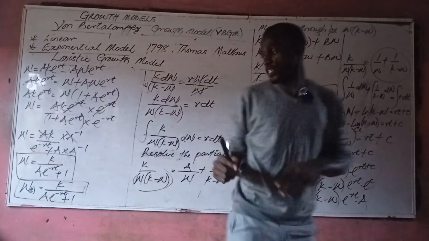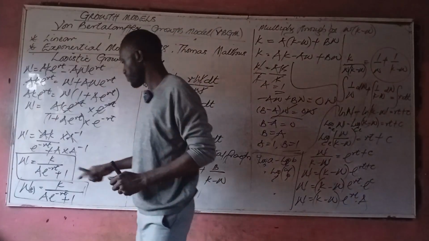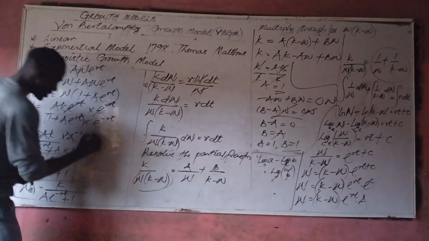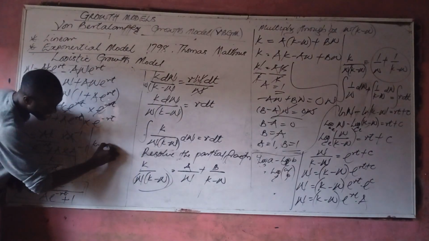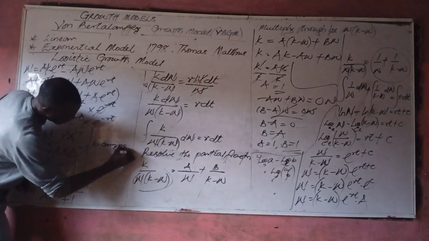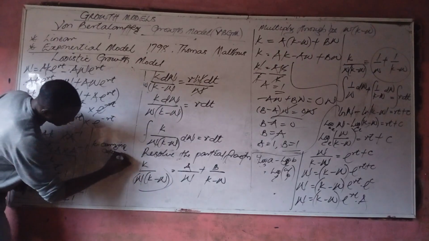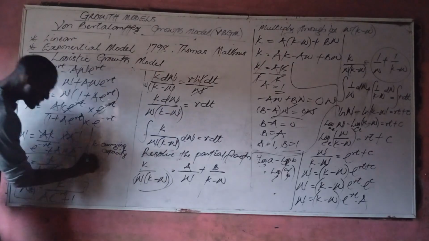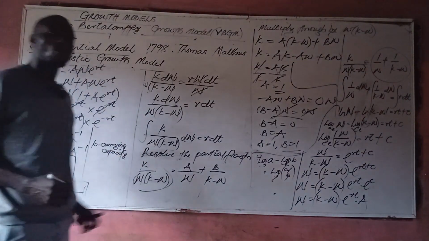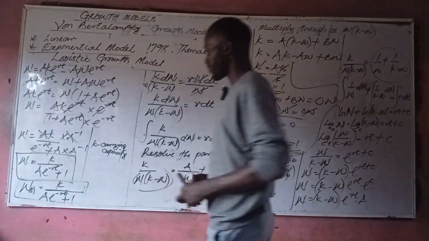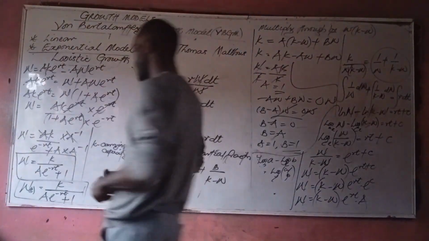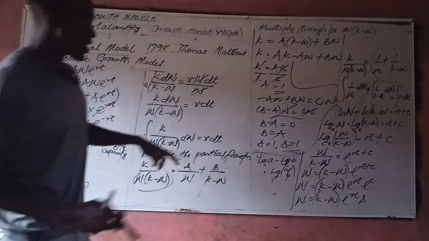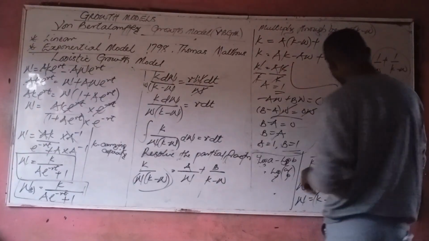Now, one thing you will take note of is, let me define the terms. K here is not a constant. It is the carrying capacity of the environment. A here is the initial condition, because what I translated to A was this term here.